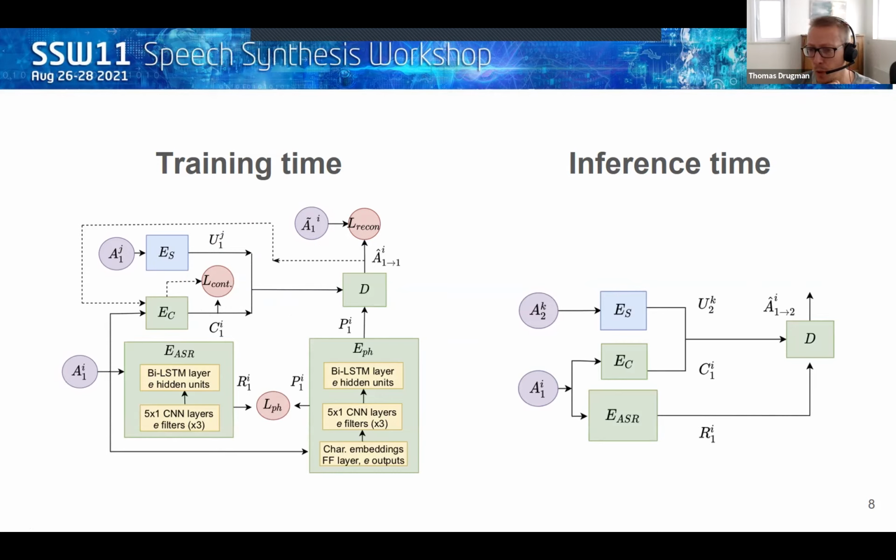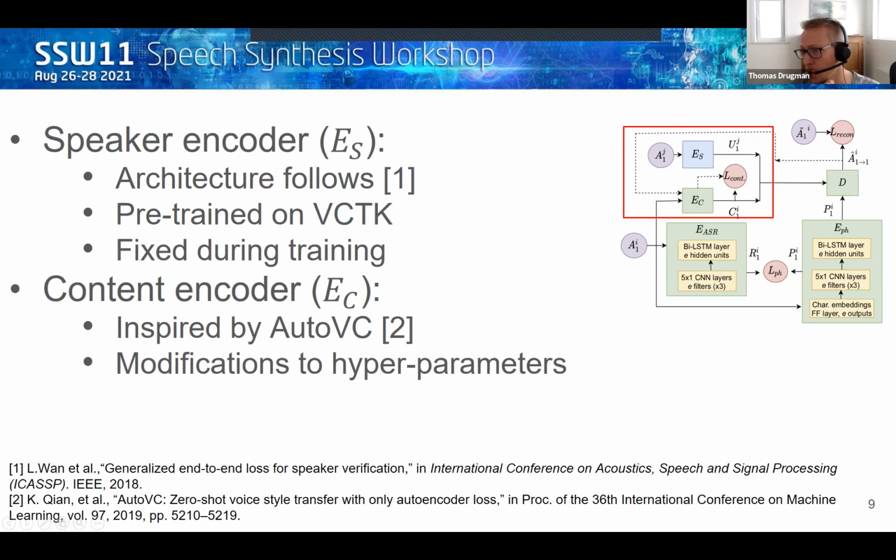So let's dive deeper, as I said, and I'm going to focus on this slide on this red rectangle where we do have the speaker encoder and the content encoder. The speaker encoder follows the architecture from this paper from Wan et al. So it's a speaker verification system. It's a paper from ICASSP 2018.